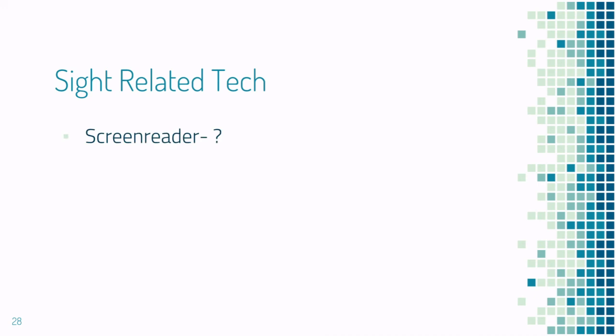So when we're talking about sight-related tech, it's freakishly expensive. The prices, it just racks up. So a screen reader, JAWS, the one we were talking about, which is kind of the gold standard, I googled it, and it's $900 when it's on sale. It's normally $1,100. That's just not feasible for someone who needs that in addition to the cost of a computer just to operate the computer.